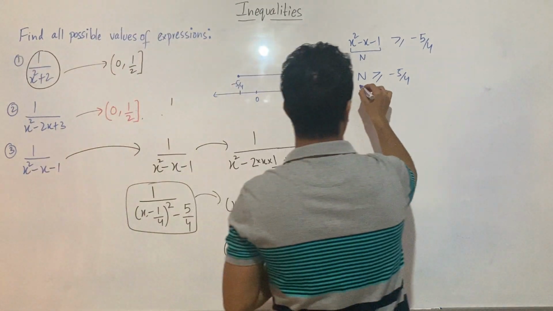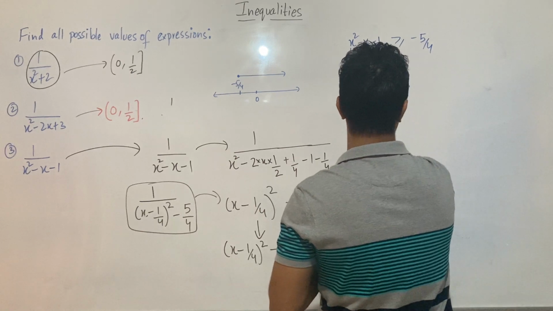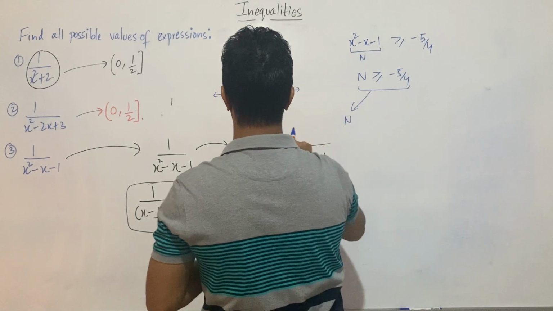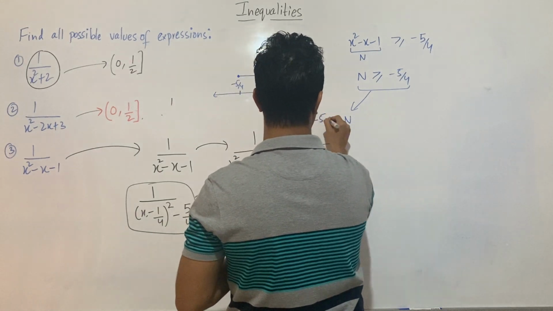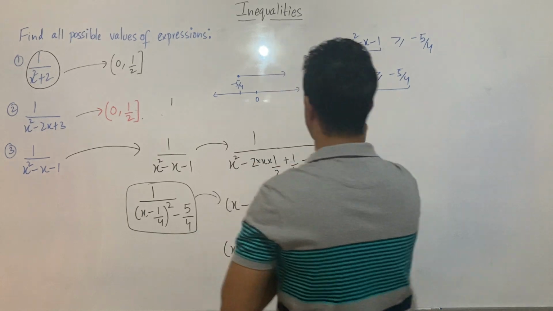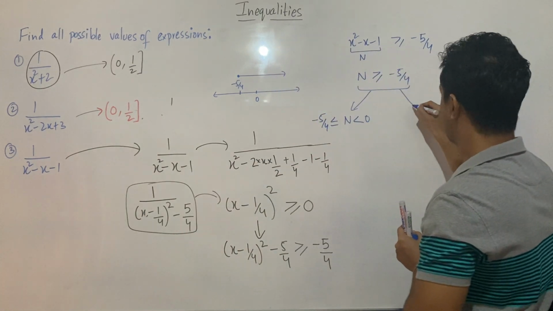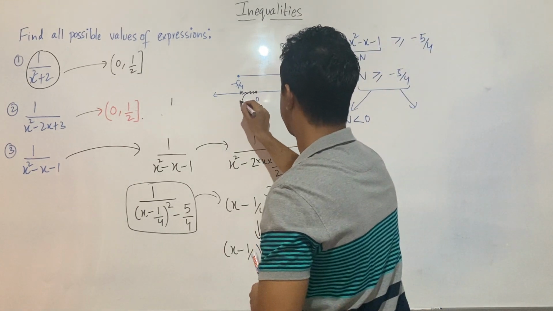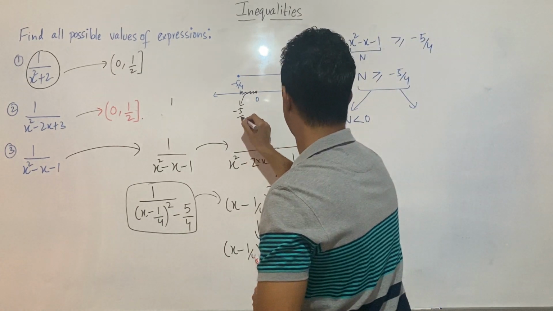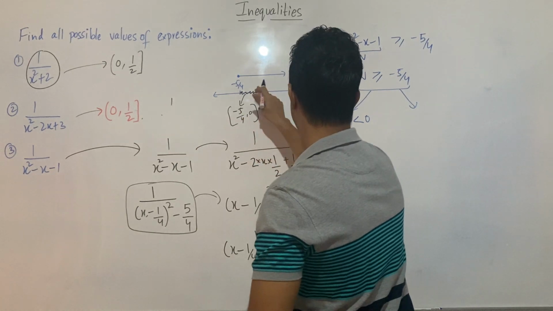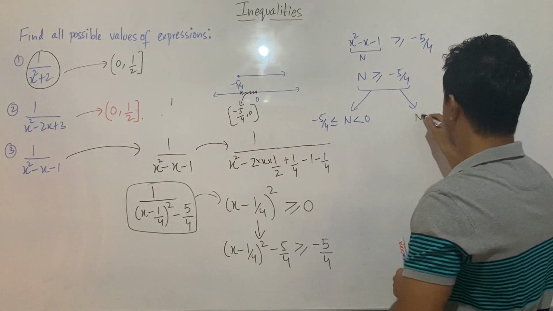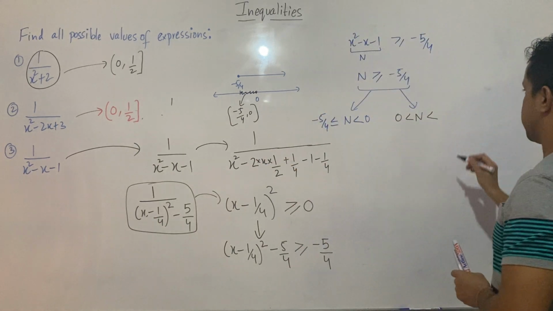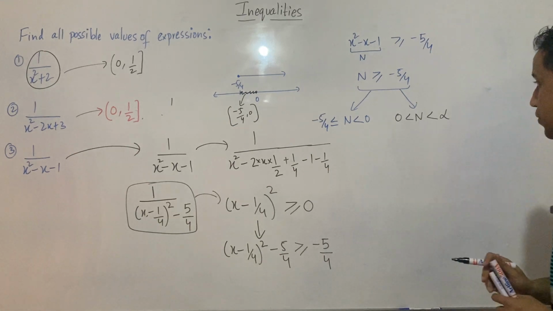So N will stay between minus 5 by 4 and 0, and here N will stay between 0 and infinity, right?